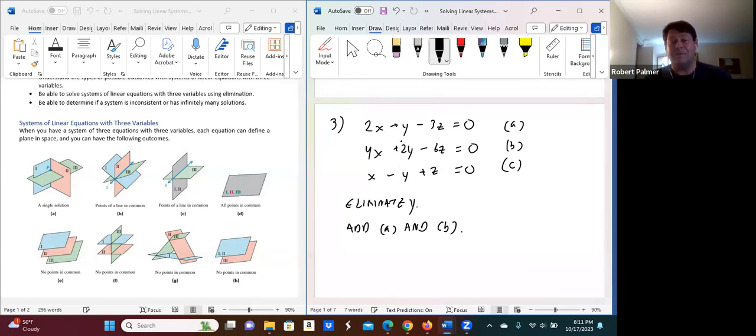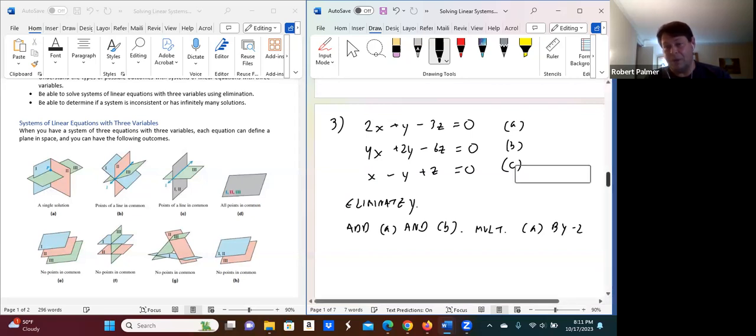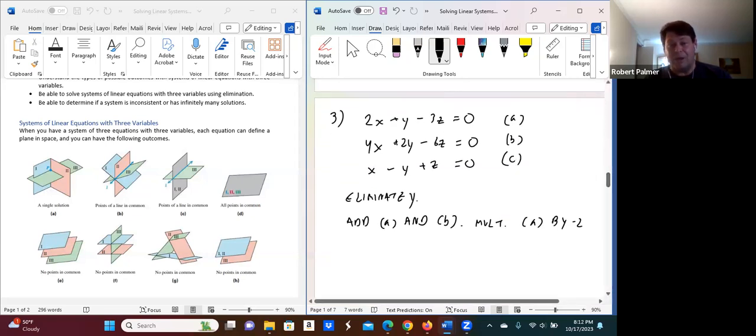Now, once again, if I add them directly, it's not going to cancel out. So if I want to eliminate y, this needs to be a -2. So let's multiply equation A by -2.